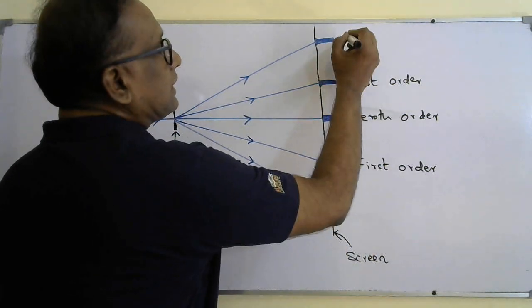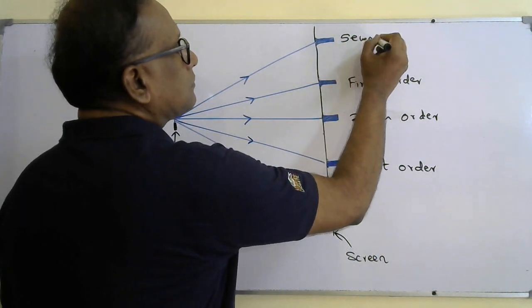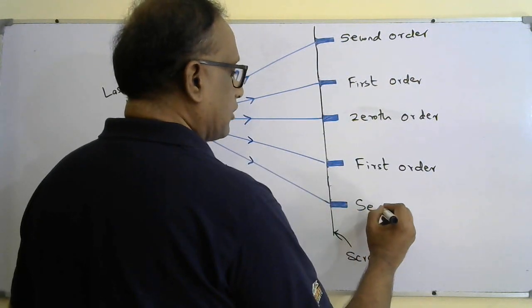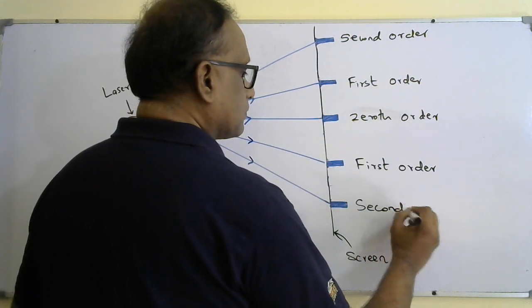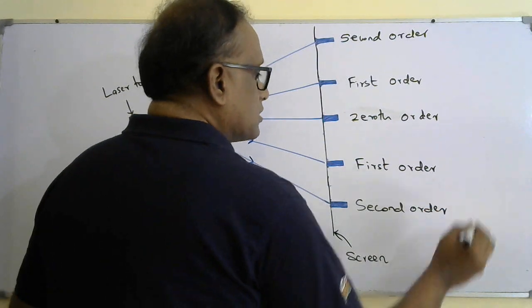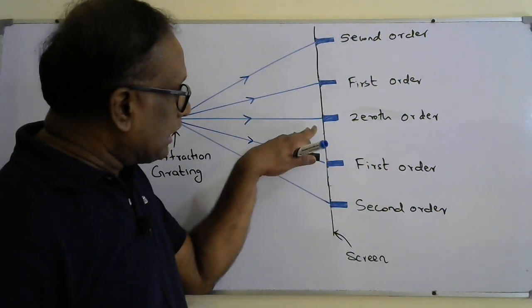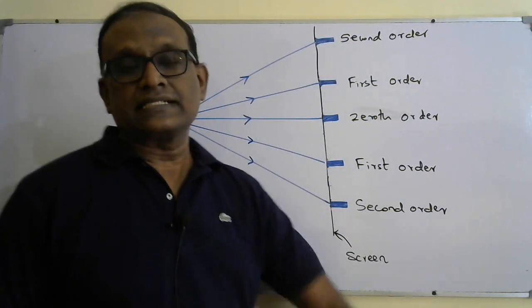Same way, this is called second order. This is also second order. The bands formed on the screen are symmetrical about the 0th order on either side.